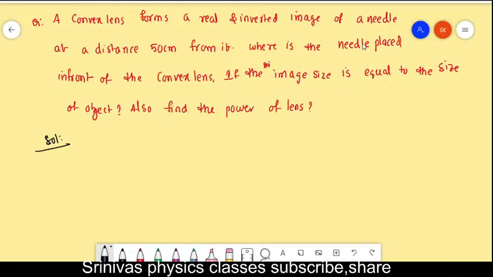Where is the needle placed in front of the convex lens if the image is equal to the size of the object? At what condition, where do we have to place it?